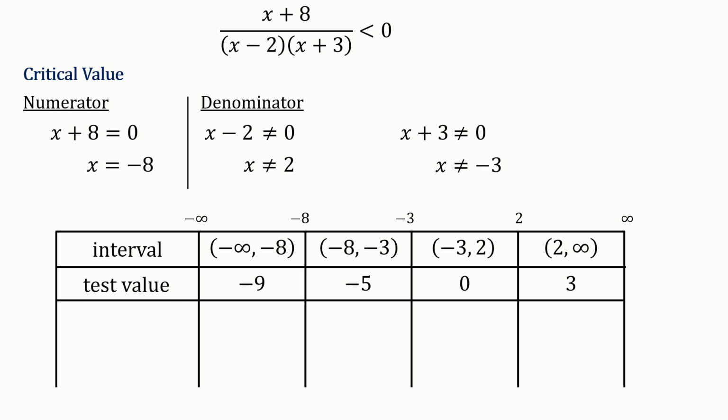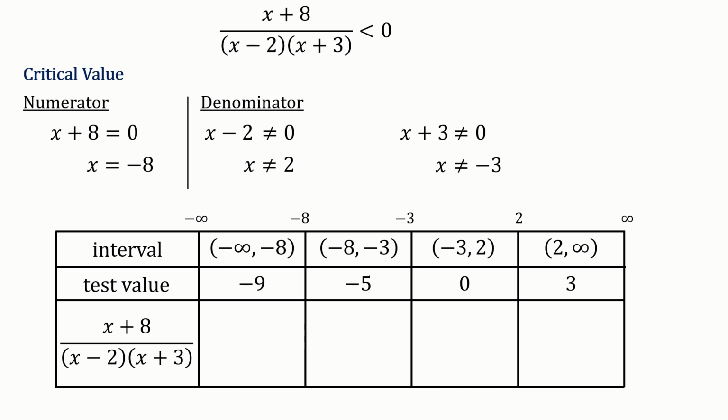Right, so we're going to substitute these test values into our fraction, which is x plus 8 over x minus 2 times x plus 3. We substitute negative 9, negative 5, 0, and 3 into that expression, and we want to know what the sign is. Alright, so the first one, we substitute negative 9, we get the value negative 1 over 66.